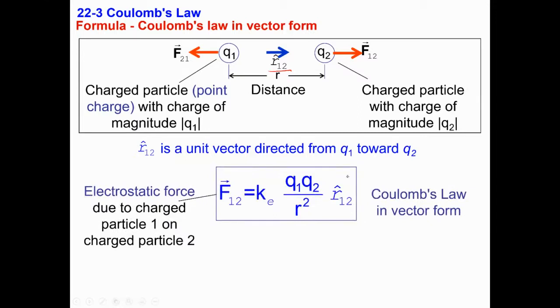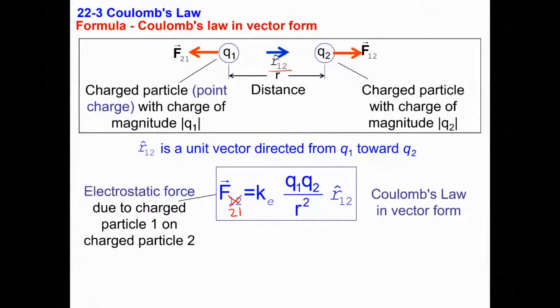We can write the force on, so this is F12, I should have changed, this should be F21. The force due to object 2 on object 1. This is the notation that we will use.